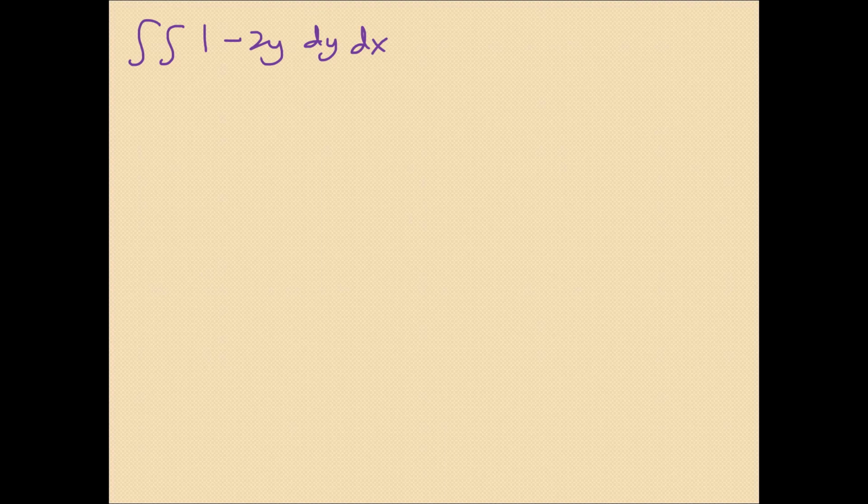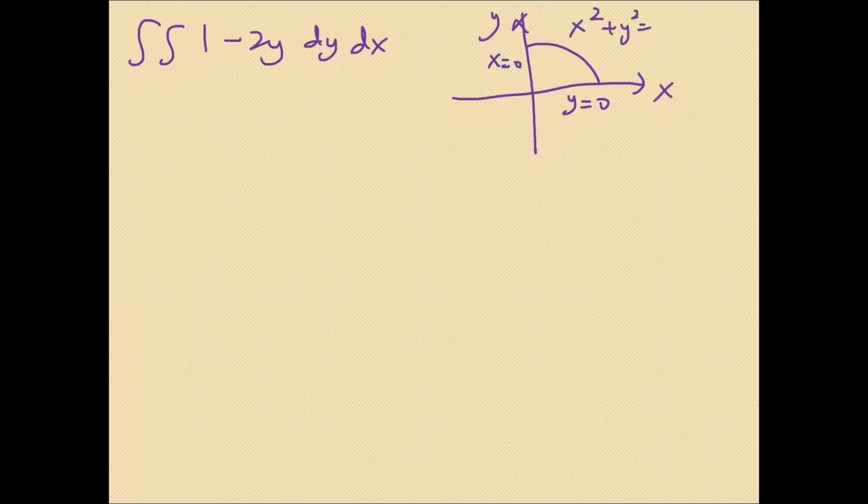Now we have to base it on the plane that we have just now. We have a first quarter circle, right? We have y equal to 0, x equal to 0, and also x squared plus y squared equal to 4.